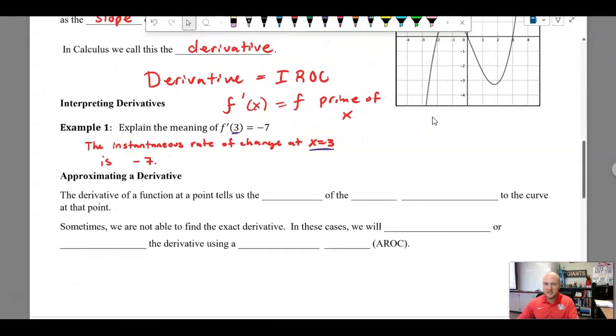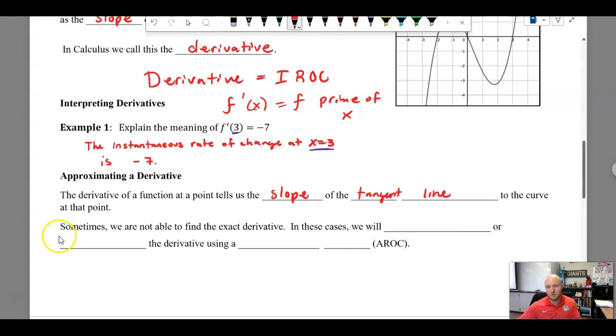So, we're not always given a derivative, and sometimes we have to go ahead and use function values to approximate or estimate that derivative. So we're going to talk about that now and how we do that. Reminder, the derivative of a function tells us the slope of the tangent line to the curve at that point.